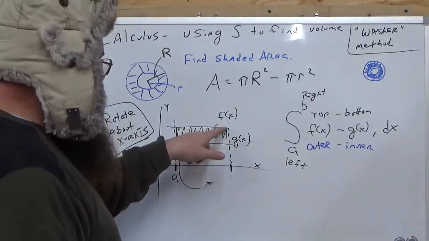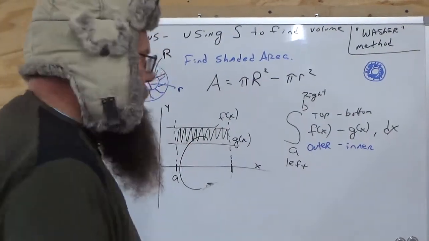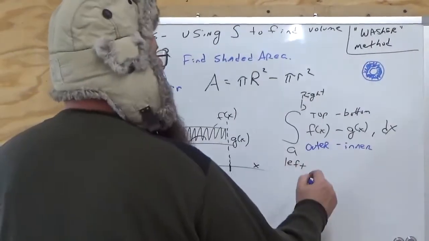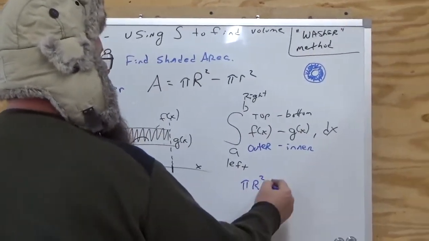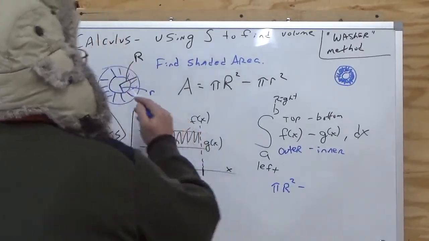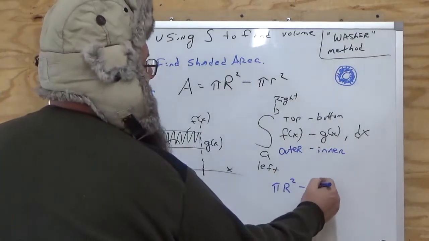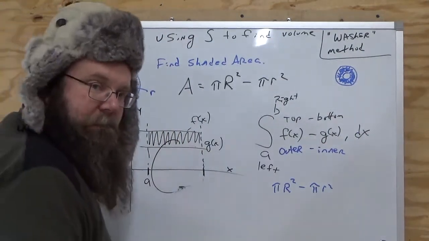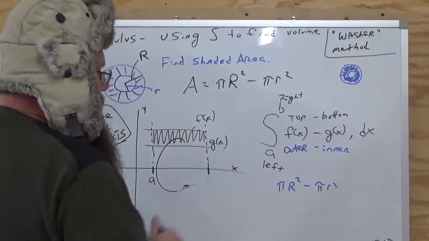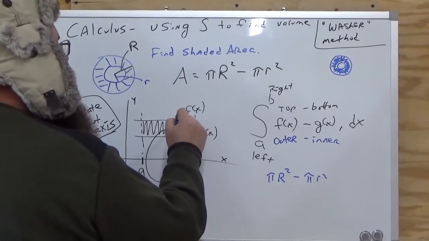How did we find the area of that big circle? Pi times big R squared. We subtracted the inner circle, right? The inner circle, because g of x would be the small r, so pi little r squared. See that? Folks, if I have a point here, let's say I have this coordinate right there, boom.